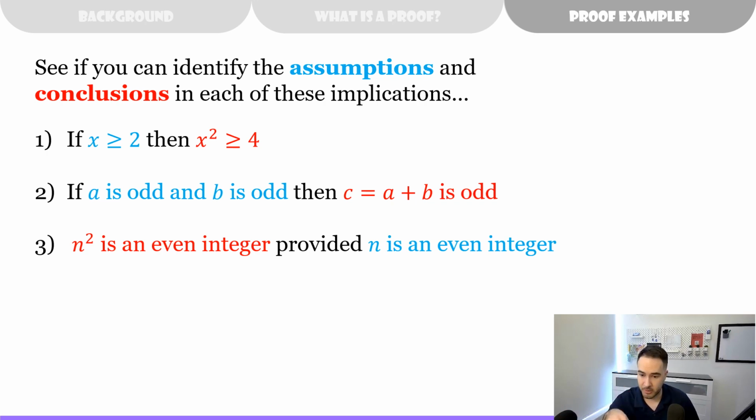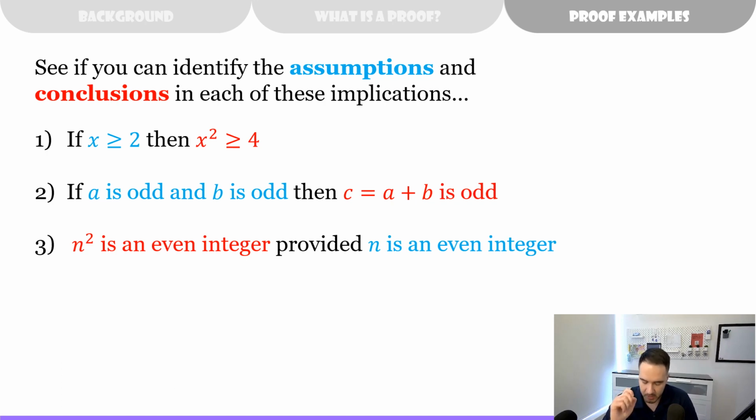And finally, the third one is that sometimes you will get questions that basically have them flipped. So in this one, it has a very weird wording where n squared is an even integer provided n is an even integer. So again, n squared is an even integer provided n is an even integer.